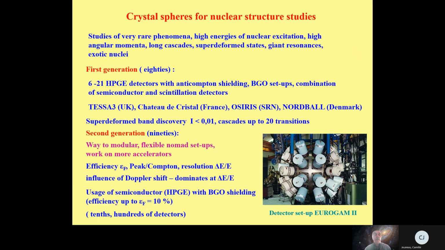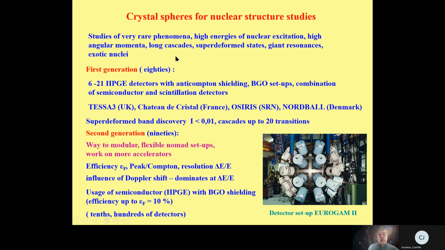This is very important for studies of very rare processes or high energies of nuclear excitation, because there are long cascades, and many gammas which are emitted. That means you need a very big number of these detectors. It is nice for analysis and study of super deformed states, giant resonances, exotic nuclei.